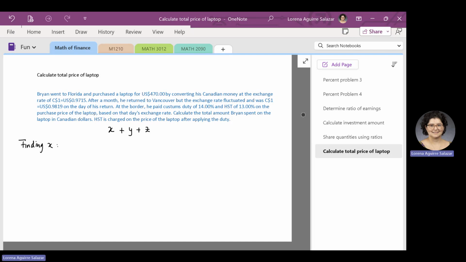To calculate the value of those $470 US in Canadian money, we use the fact that 0.9715 to 1, this is in US dollars, and this is in Canadian dollars, should be equal to 470 US dollars to X. In fractions, we write 0.9715 over 1 should be equal to 470 divided by X.